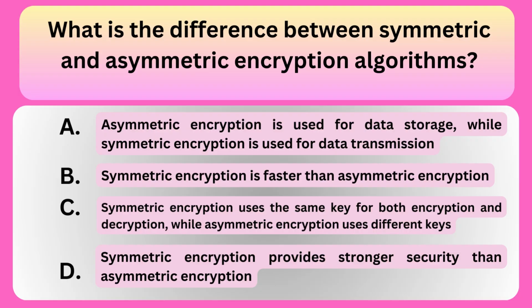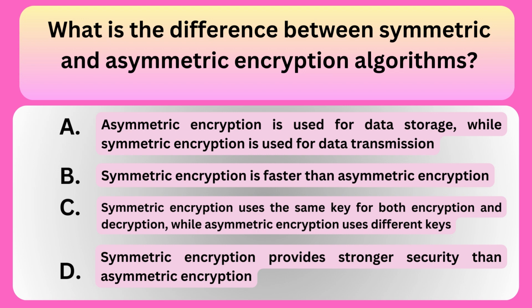What is the difference between symmetric and asymmetric encryption algorithms? Options are asymmetric encryption is used for data storage while symmetric encryption is used for data transmission. Symmetric encryption is faster than asymmetric encryption.